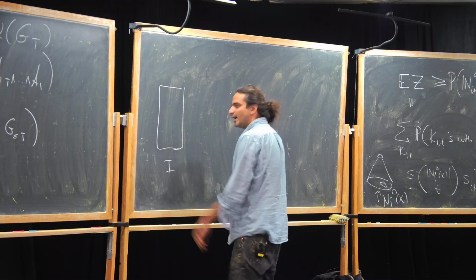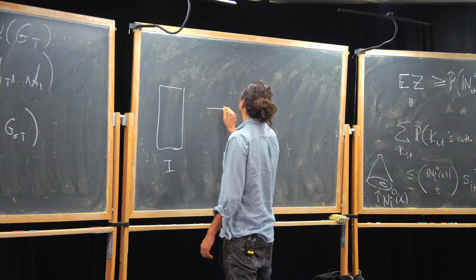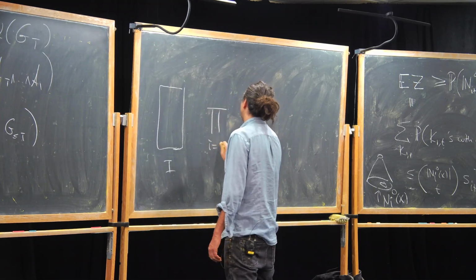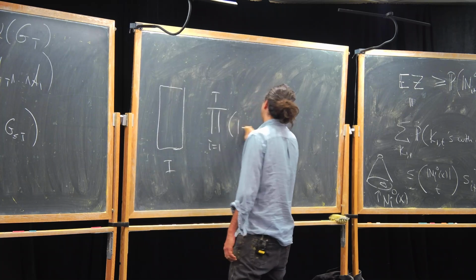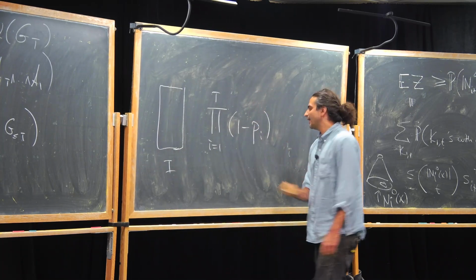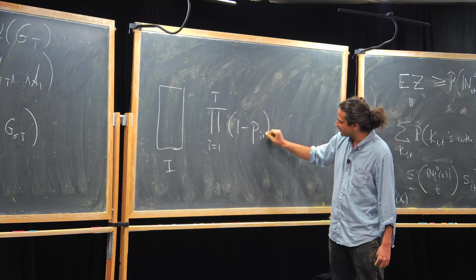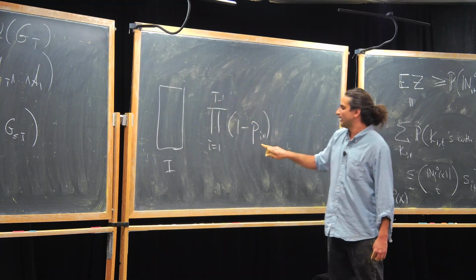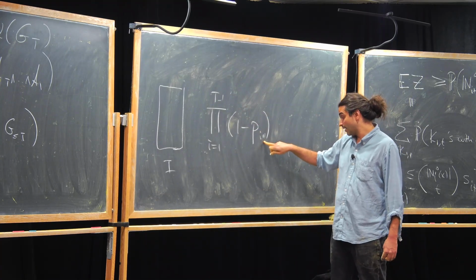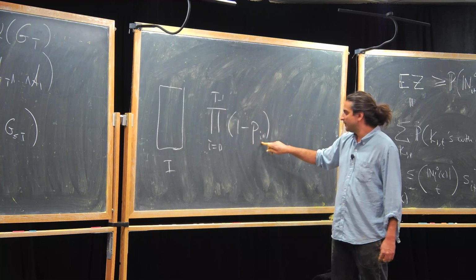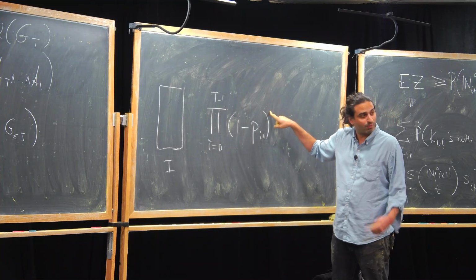So at the ith step, like in any independent set calculation, I'm going to get a 1 minus p_{i+1}, to the power of what?